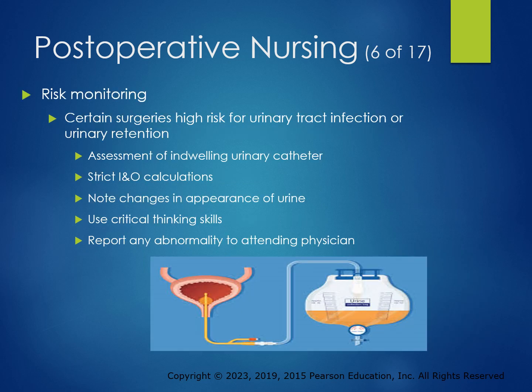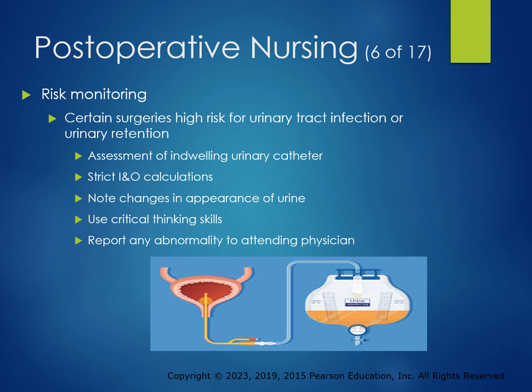What are we looking at when we're talking about risk monitoring? We want to look at what type of surgery they had. Certain surgeries are high risk for urinary tract infections. So a lot of patients get an indwelling Foley catheter. So you need to look for the signs and symptoms: fever, nausea and vomiting. The urine looks cloudy, sandy colored. It's dark. It smells bad.